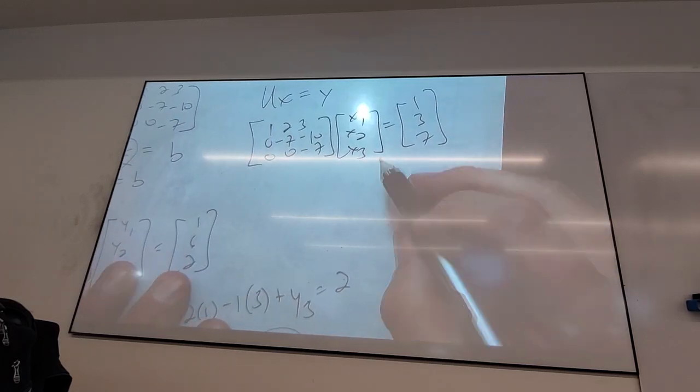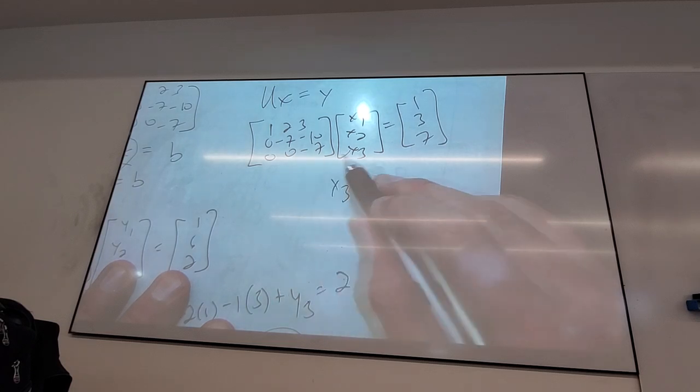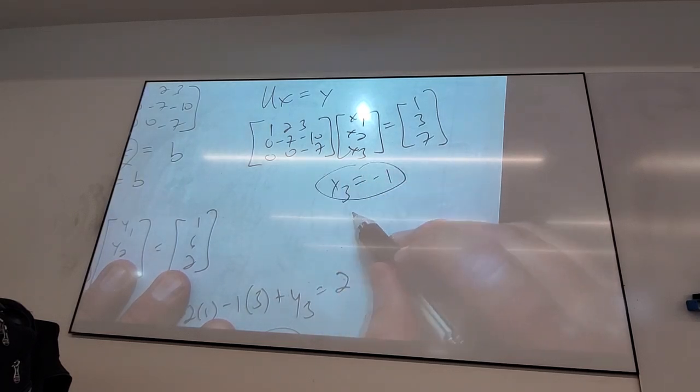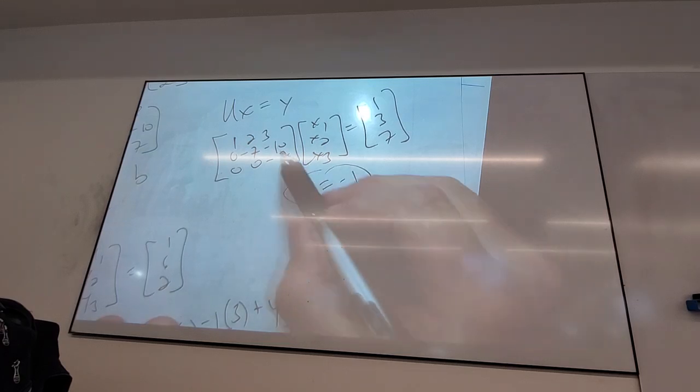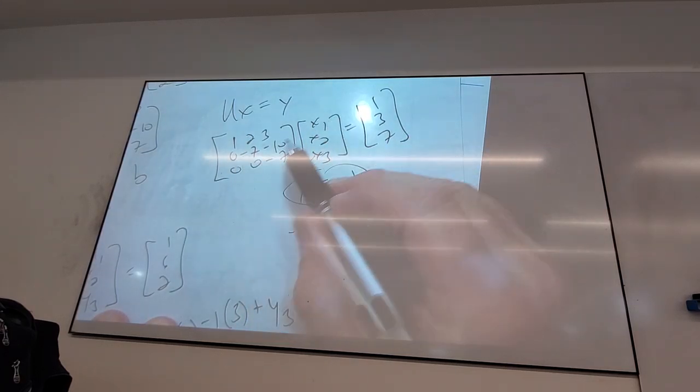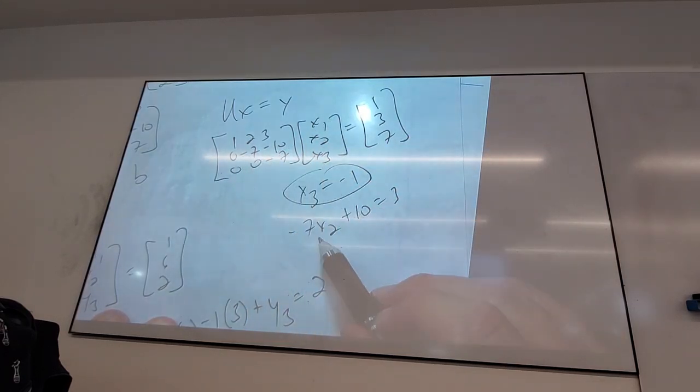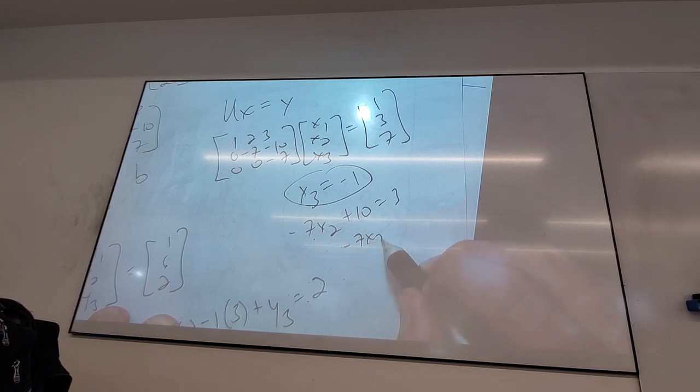What do you know right off the bat? x3 is -1, and then you get -7 x2 minus 10 x3 equals 3. Does everybody see where I'm getting that from? No x1s, -7 x2s, minus 10 x3s. -7 x2, minus 10 x3 is plus 10. So -7 x2 equals -7, x2 is 1.